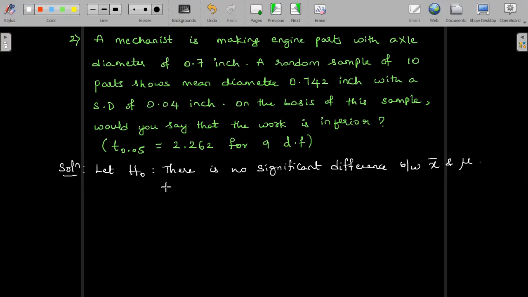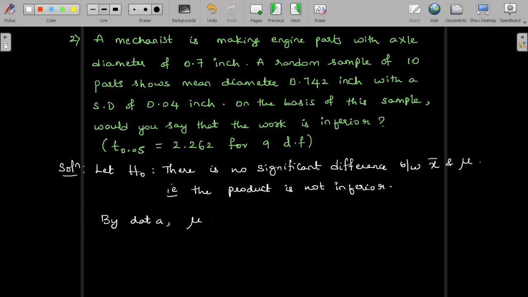So this is one and the same as saying that the product is not inferior, or it is one and the same as assuming that the product is superior, of a good quality one.